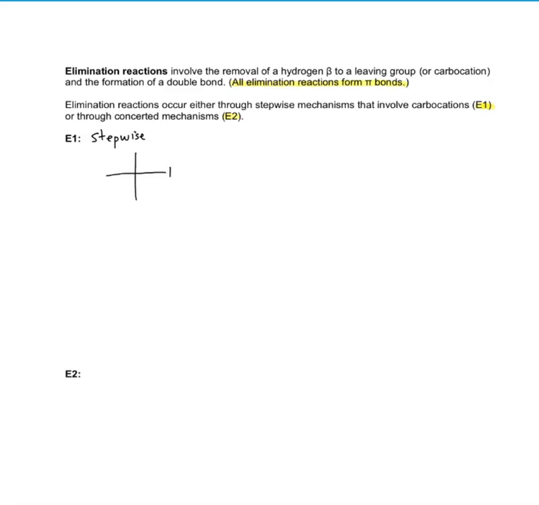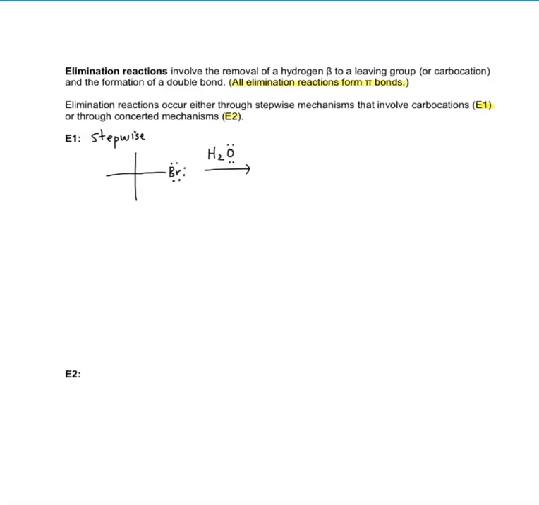Let's start with this as our substrate. And once again, we're going to combine this with water. Now you may notice that this is exactly the same set of conditions that we used when we looked at the SN1 reaction. So we'll talk about that shortly.